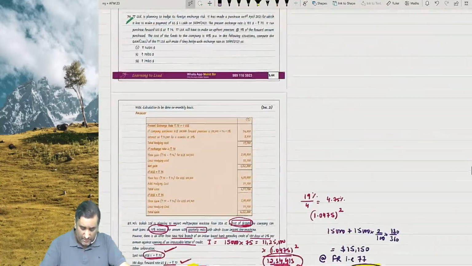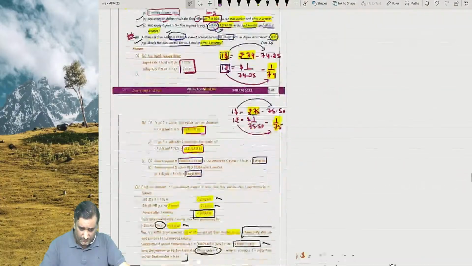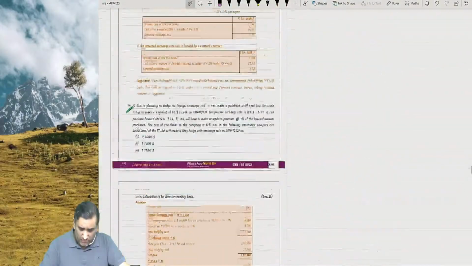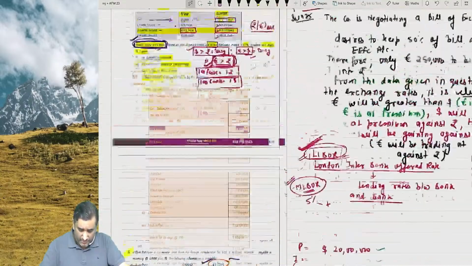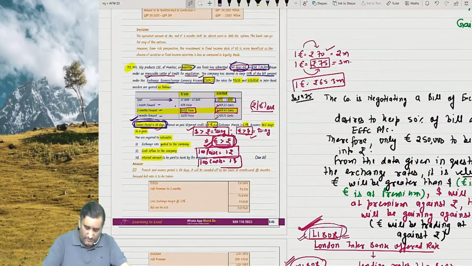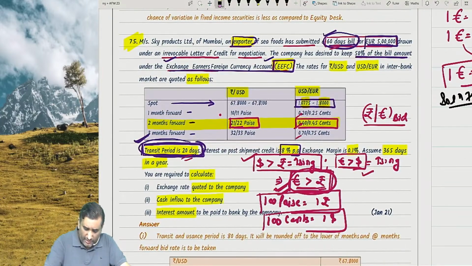Let me first take the question number we were doing, 75 only, January 2021.